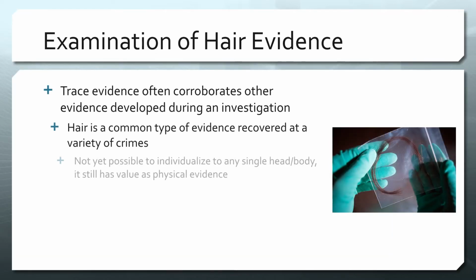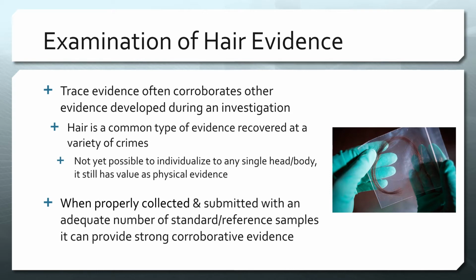Examination of hair evidence. We know that trace evidence often corroborates other evidence developed during the investigation. Hair is a common type of evidence recovered at a variety of crimes, but as of yet, it's not possible to individualize any single head or body hair to an individual, but it's still valuable as physical evidence.